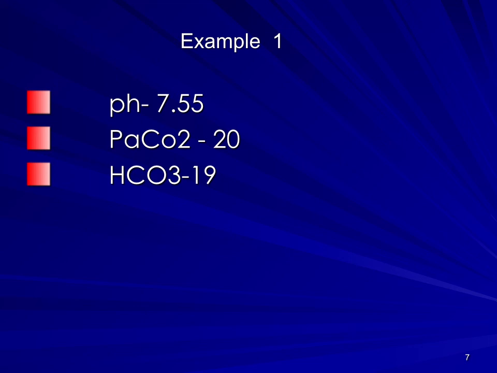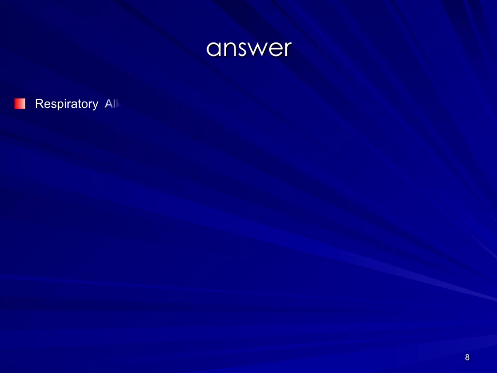So based on these values, this is respiratory alkalosis. When I see you all in class, I'll give you some more calculations, and then you will be able to understand if it's a metabolic or respiratory problem and whether it's alkalosis or acidosis.